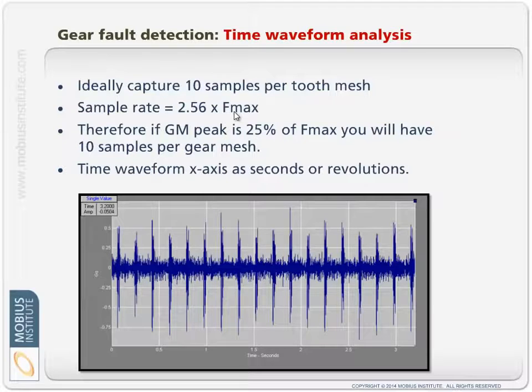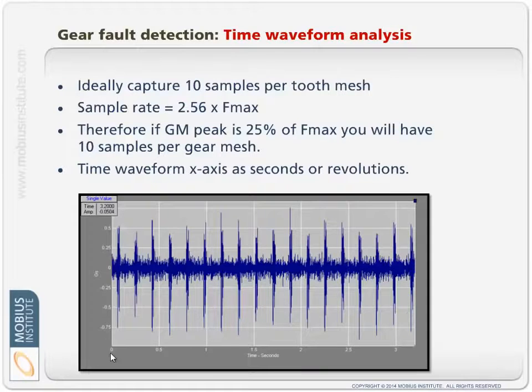Now, that means that if there was a peak in the spectrum right at the right-hand end of the spectrum, so this is the time waveform, I apologize. Imagine this is a spectrum, and we've got a peak right up here. And let's say that peak is the gear mesh frequency, which relates to the gears meshing together.